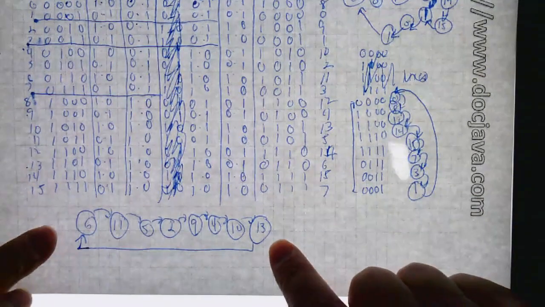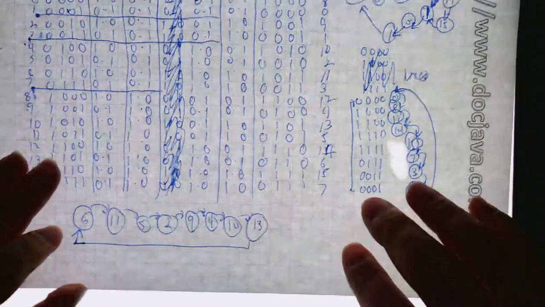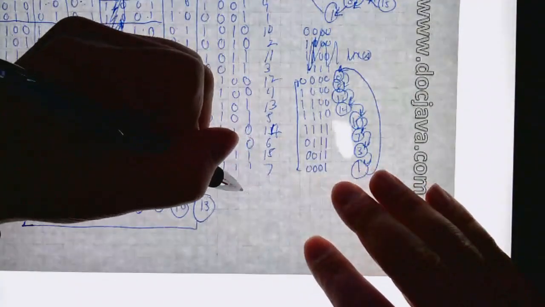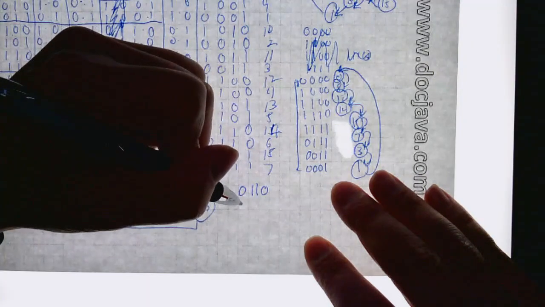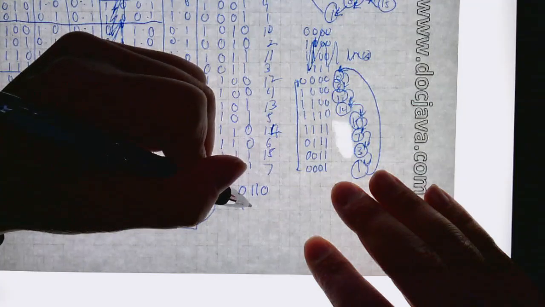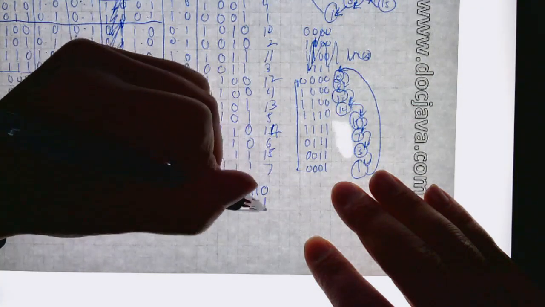Look at that. Here's a whole other counter, which does something completely different. Let's have a look. I guess we can draw it out. 0, 1, 1, 0. All right, that would be 6. 11 would be 8 plus 4 plus 1.